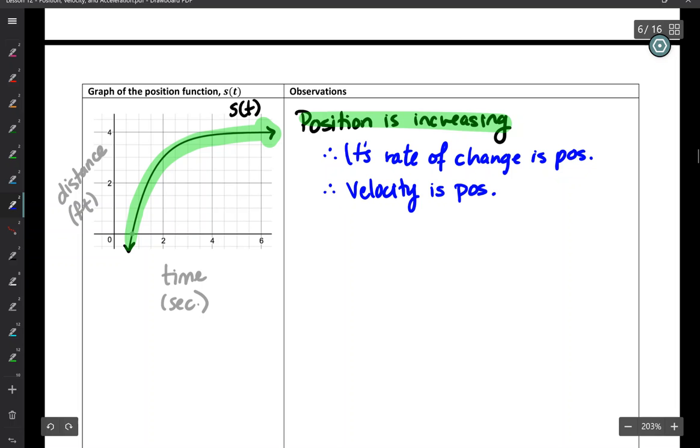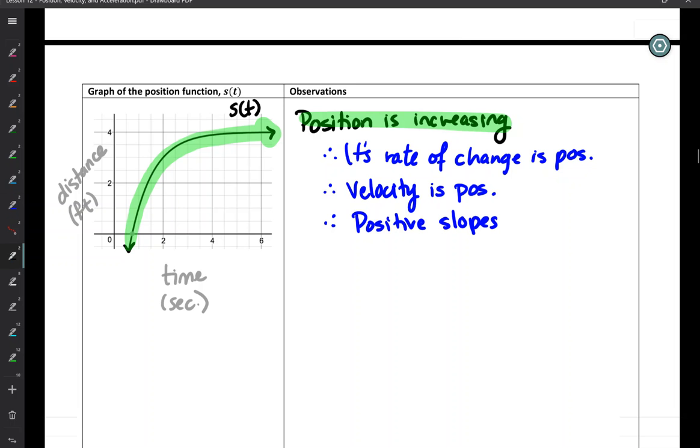And you could have seen that velocity is positive geometrically. Notice that all these slopes are positive. Slopes of tangents. Right? Now, what about velocity? Is velocity increasing or decreasing over time here?